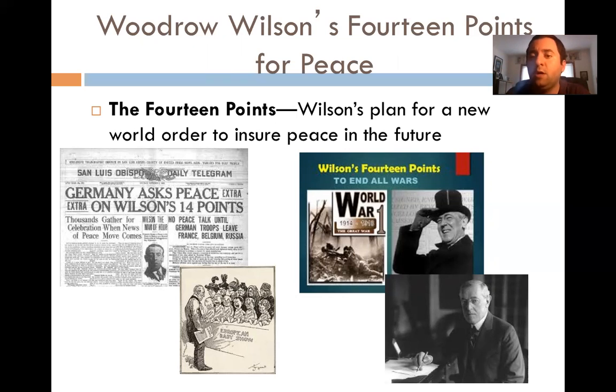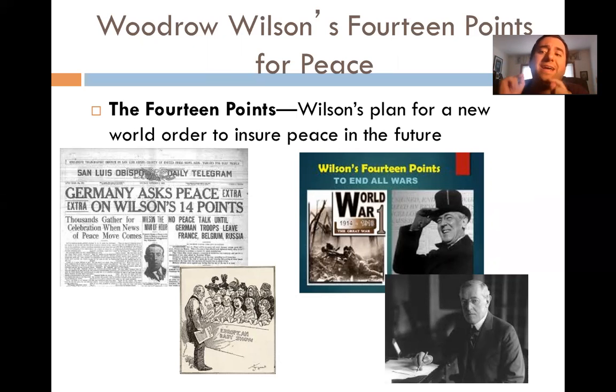14 points. This is Wilson's plan for a new world order to ensure peace in the future. Wilson presents these 14 points to say, if we follow these points, we can nearly assure that there will be peace in the future, not just of the nation he led, not just the United States, but in the world.